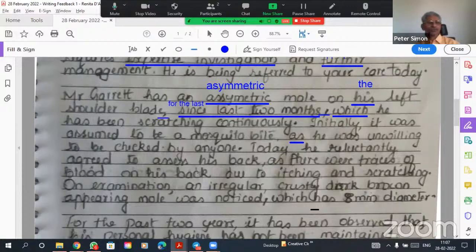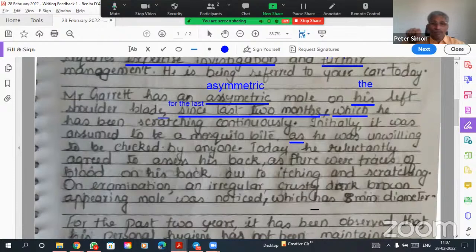Reluctance to visit a doctor, or reluctance, or disinterest, or lack of interest. So that is different, and this is different.